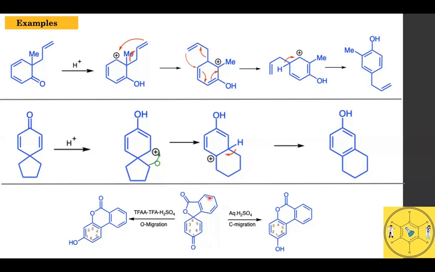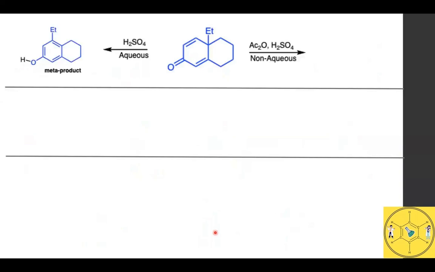When you subject the same compound to aqueous conditions, carbon migration takes place. Here you see this carbon bond breaks, so this particular phenyl part migrated towards the fifth center. This is another example of how reaction conditions influence the selectivity of the product.